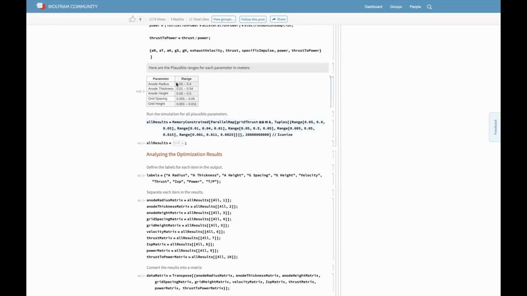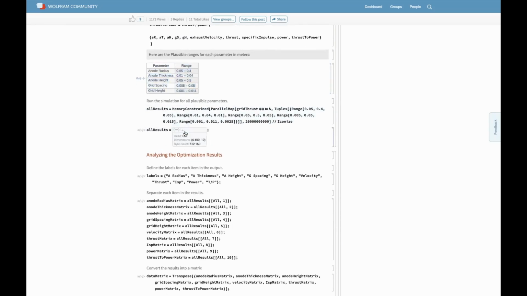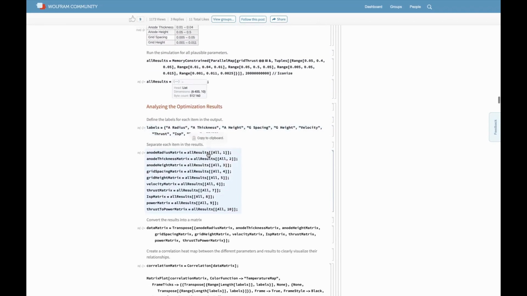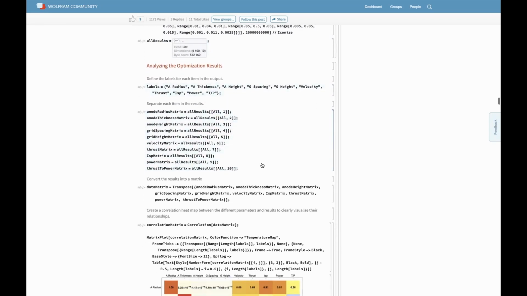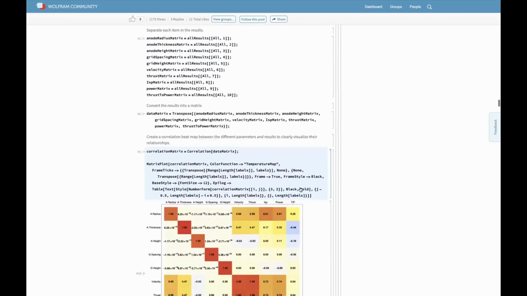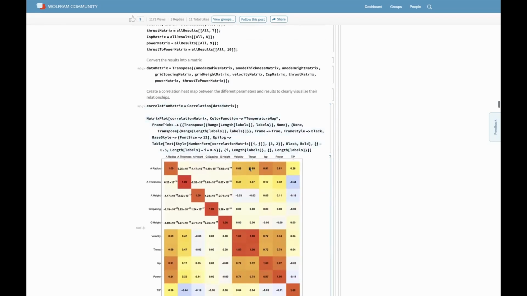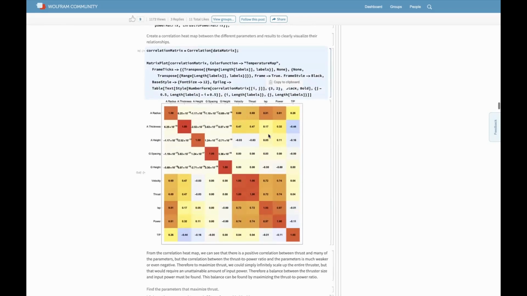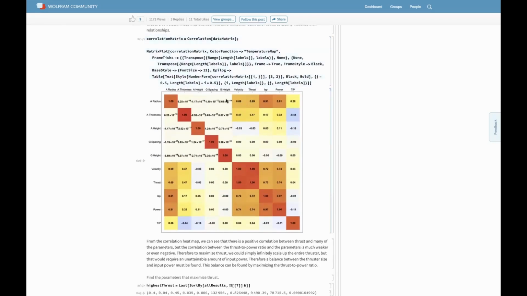I ran them through a combination of every single parameter, which had around 6,400 different combinations. Through all the results, I labeled them and turned them into a matrix, and then into a correlation matrix using the Wolfram correlation function. Here you can see which parameters affect which results the most.